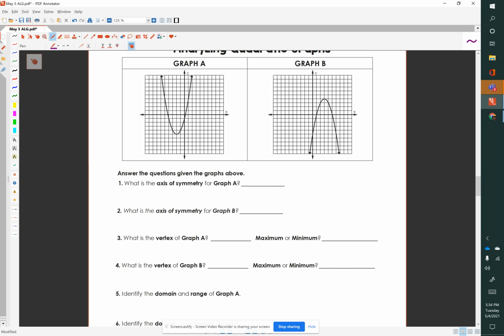So the first question, what is the axis of symmetry of graph A? The axis of symmetry is right here. So the axis of symmetry for graph A is x equals -2. Let me write that a little neatly.